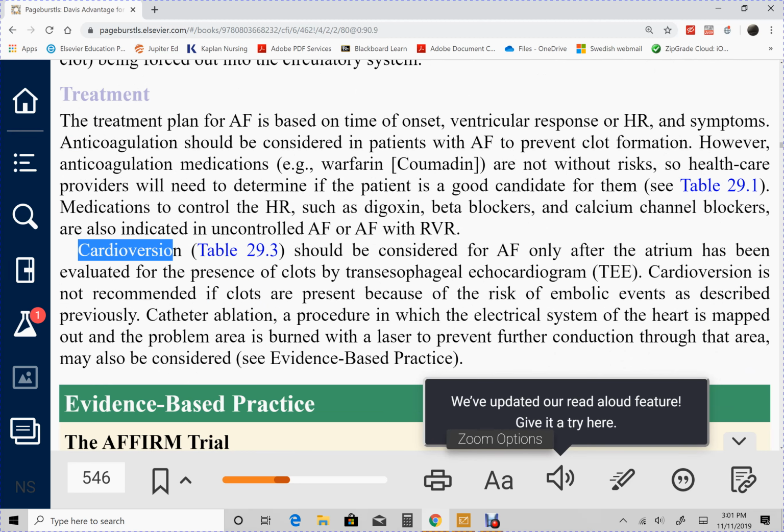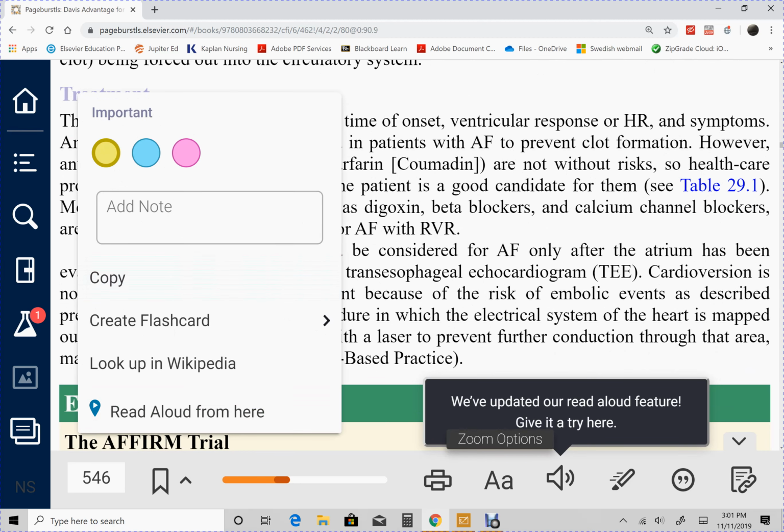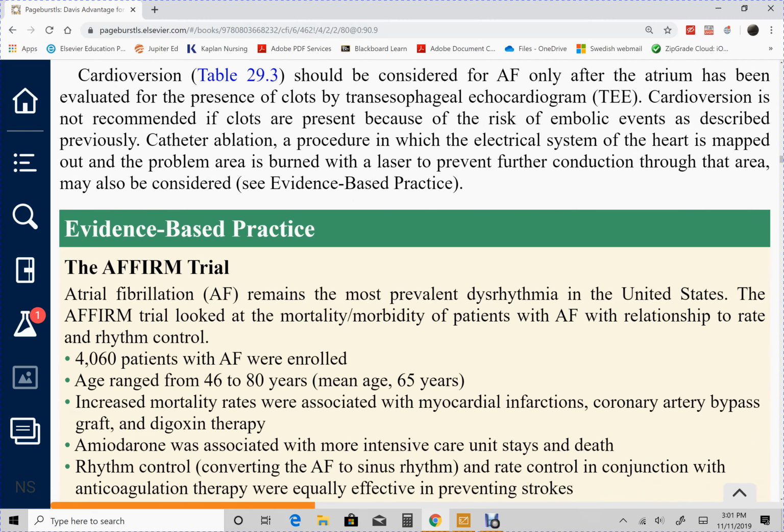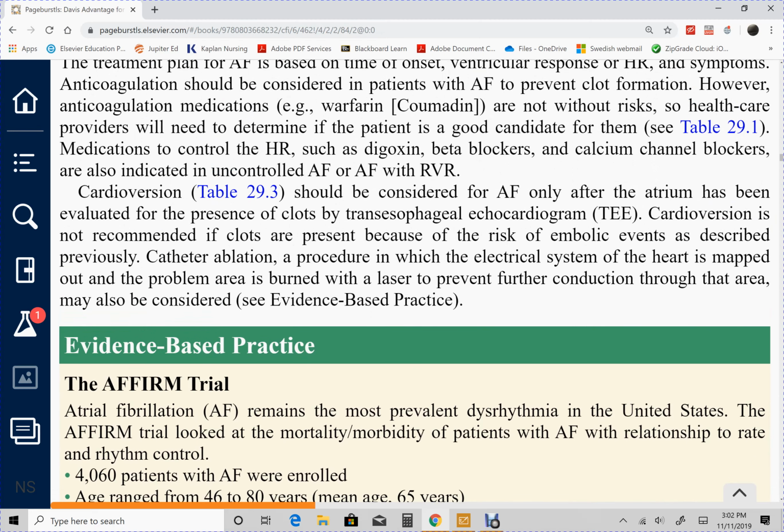So there will be two tables under the atrial dysrhythmias later on below. Let me explain cardioversion. There are two forms of cardioversion: chemical cardioversion and electrical cardioversion. This is the indication for cardioversion.